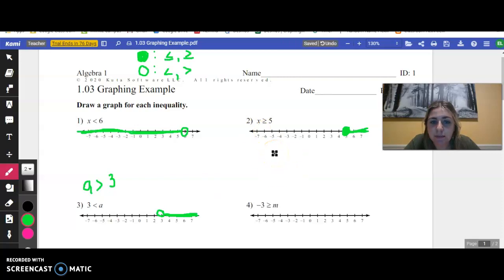4 is pretty similar. You've got -3, so I'm going to put a dot at -3. And it says -3 is greater than or equal to, which tells me I need to use a closed dot. And then I'm going to rewrite this.